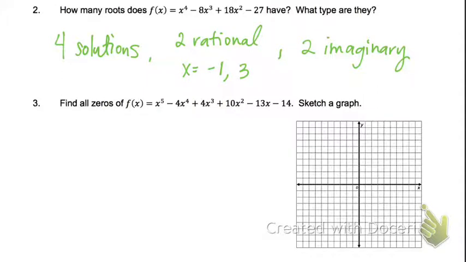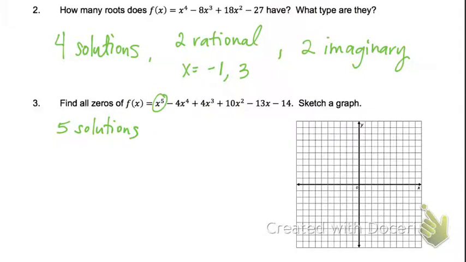Okay, number 3, find all of the zeros. How many will there be? 5. So I want you to go ahead and graph that. And if I'm going to find all zeros, then if I want to reduce it to a quadratic, how many times will I need to do synthetic division? 3 times. So you should find 3 rational roots at least.